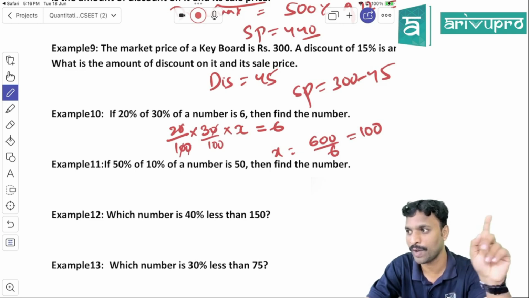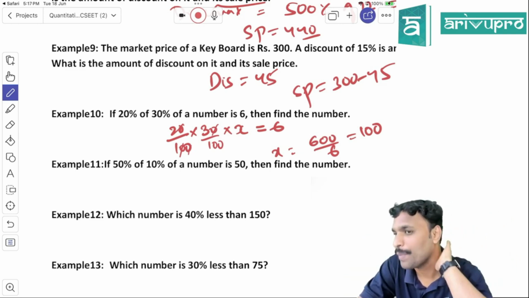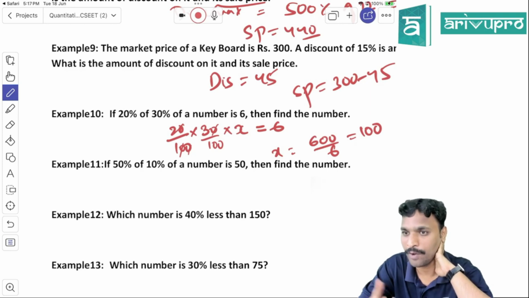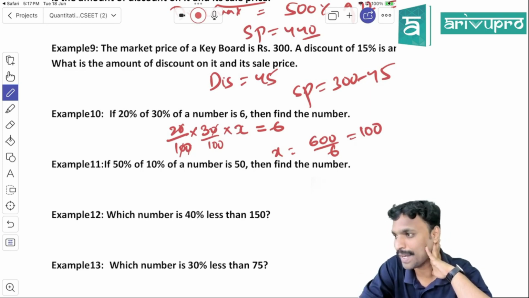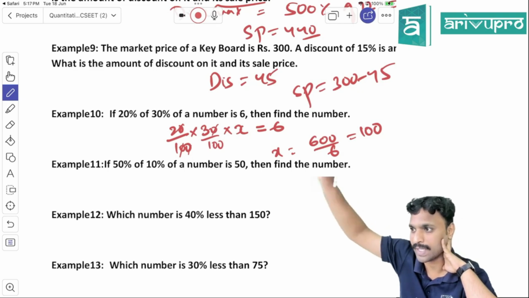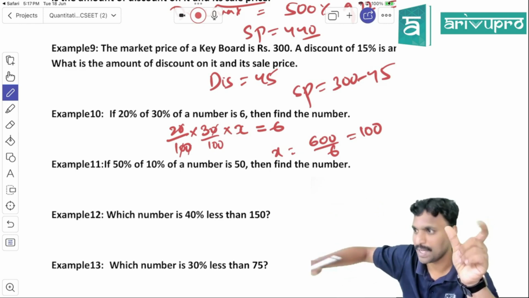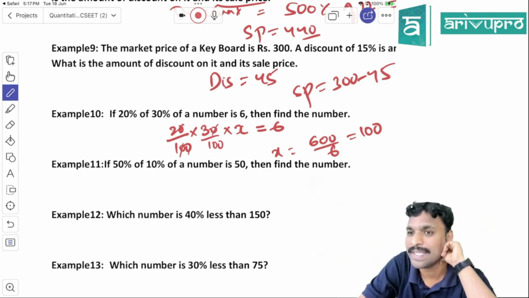How many zeros are remaining? 2 zeros followed by 1. That means 100 is remaining. It gets multiplied with 6. 2 and 3 is remaining. 2 3s are 6. Comes down. So it is 600 by 6, which is 100.